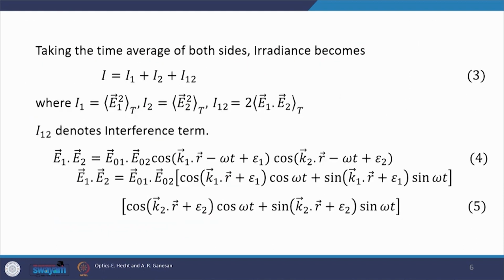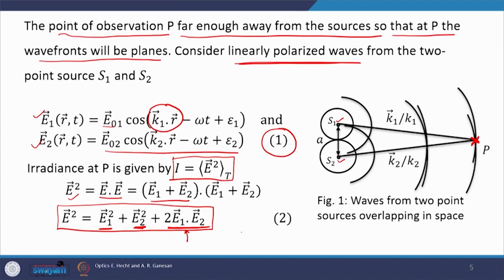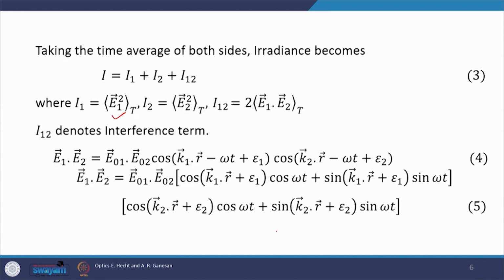Okay. Now, let us take the time average of equation number 2 to calculate irradiance. When we take the time average, we express the time average of E1 square by I1, the time average of E2 square by I2, and the time average of this cross term by I12, and therefore the final expression takes this form.